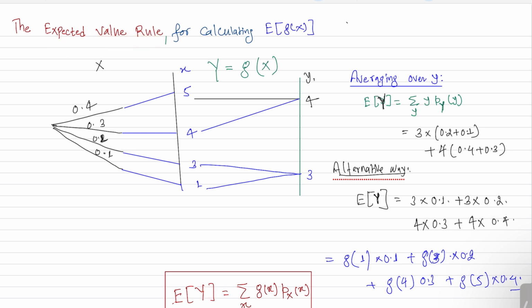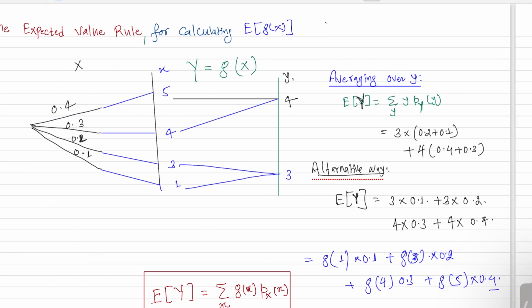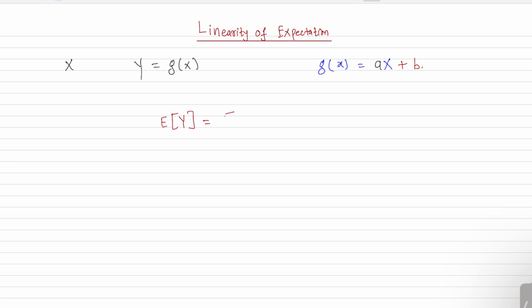If we want to find the expected value of a function, we can make use of this. So y is a function of x, and what we want to find is the expected value of this random variable y. Using the expected value rule, that is summation over x of g(x) times the probabilities.